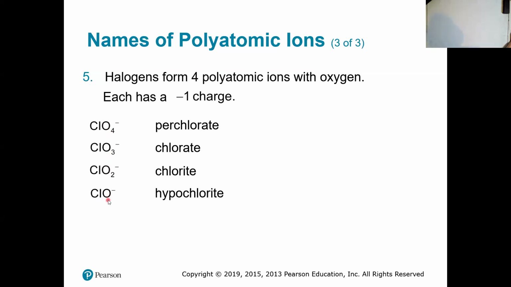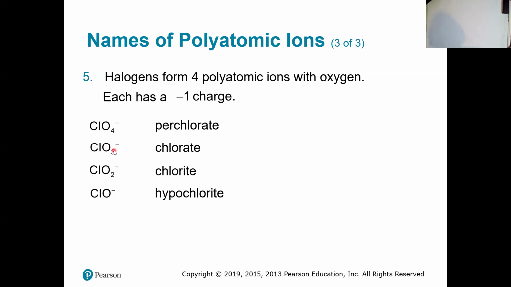So the ion that has the least oxygen is going to have a prefix of hypo, and it's going to end with an ITE ending. The ion that comes next, with 1 more oxygen, is going to lose the hypo prefix, but it's going to keep the ITE ending.